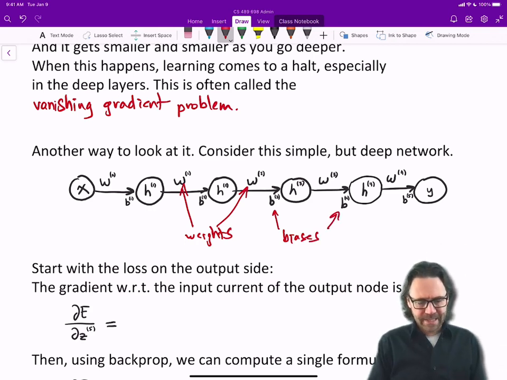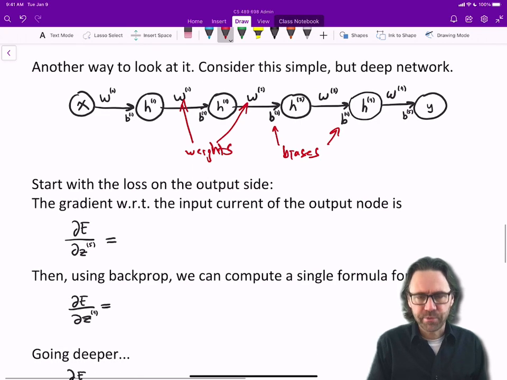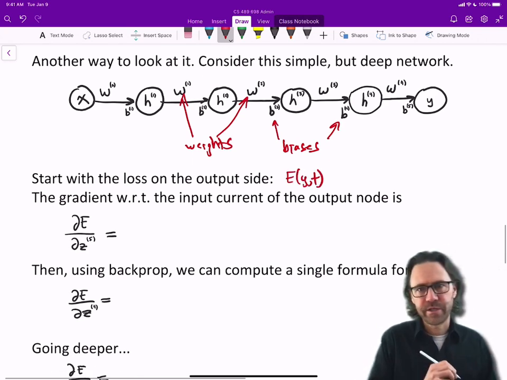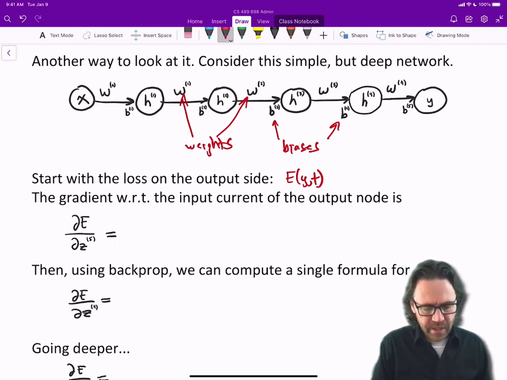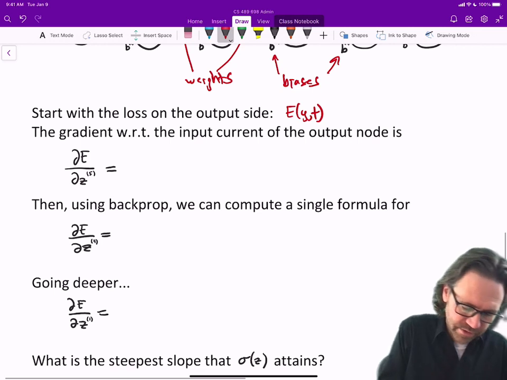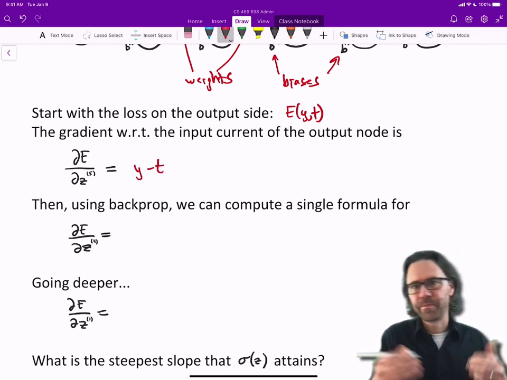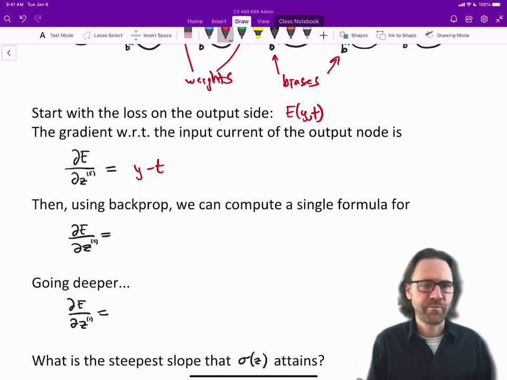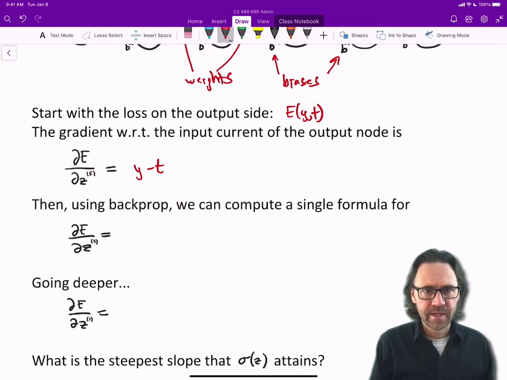Okay, so let's start with loss on the output side, E(Y, T). So the gradient with respect to the input current of the output node is, I'll just say, Y minus T. So we're using one of those combinations of linear output and mean squared error, or maybe we're using cross entropy with logistic, whatever.